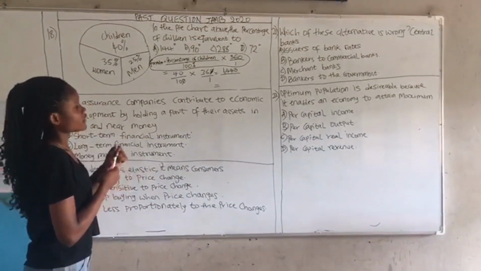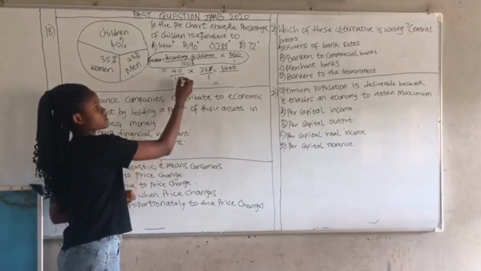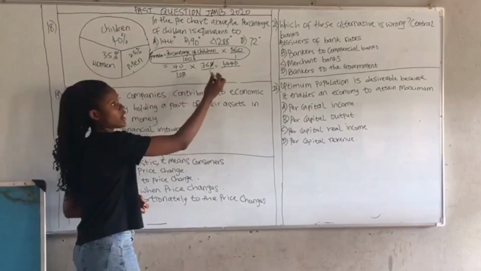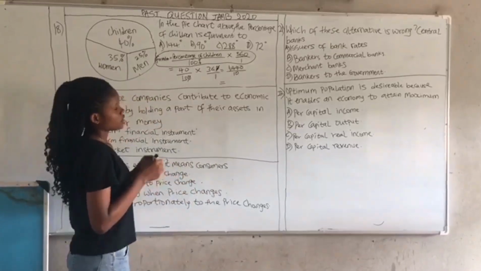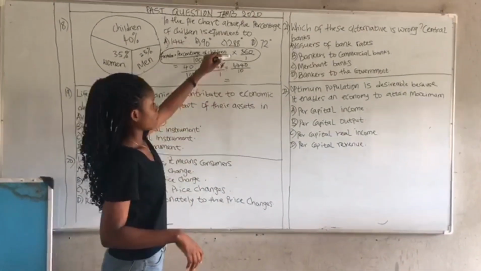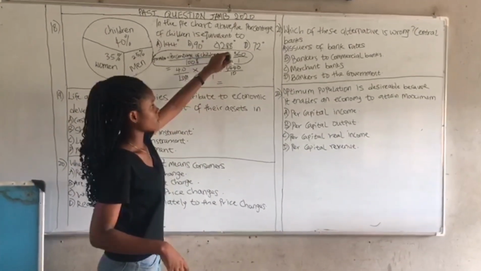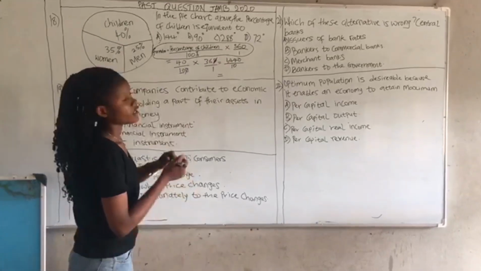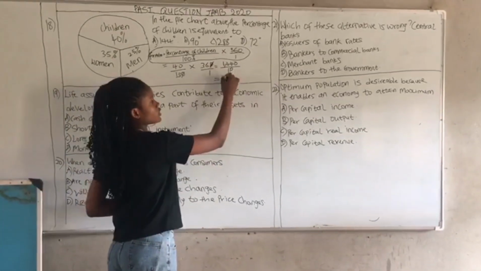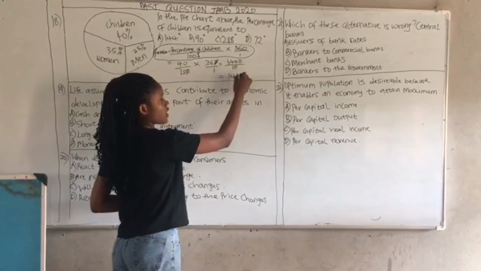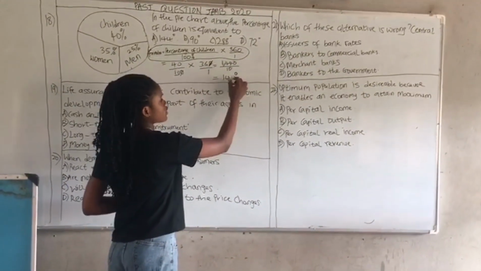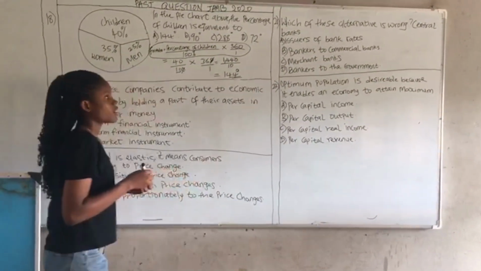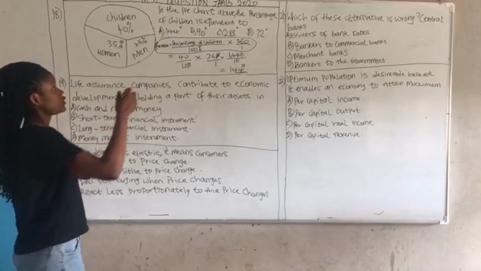So after that, you can see that it is remaining only 10. You carry over the 10 to here. So 1,440 divided by 10 is going to give us 144. After all that, remember to put your degrees aside. So our answer is equal to 144 degrees, which is A.